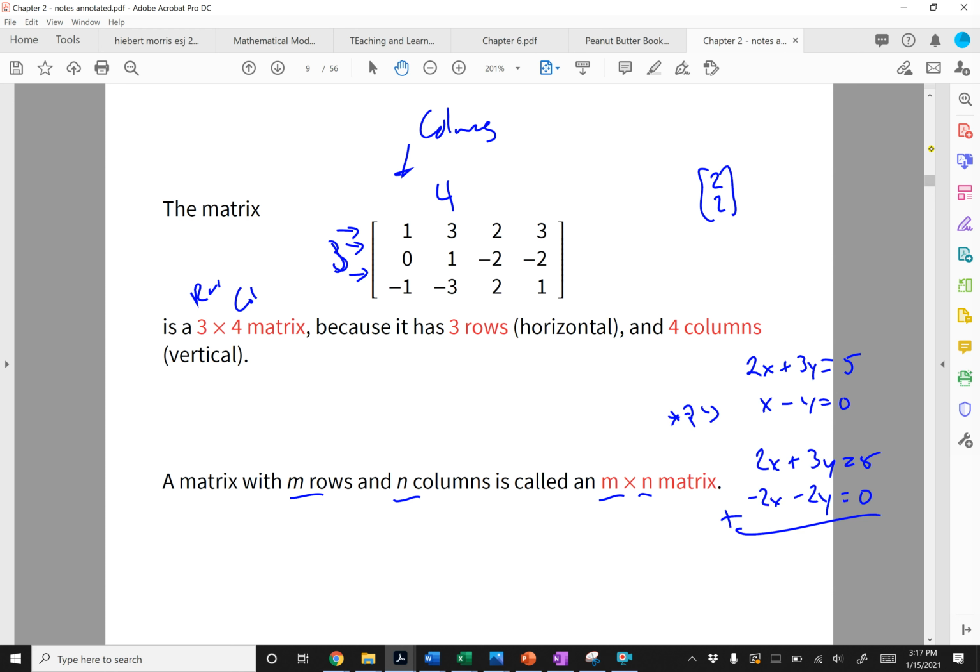I get a new equation. I get y equals 5. I'm sorry, yeah, 1y equals 5.